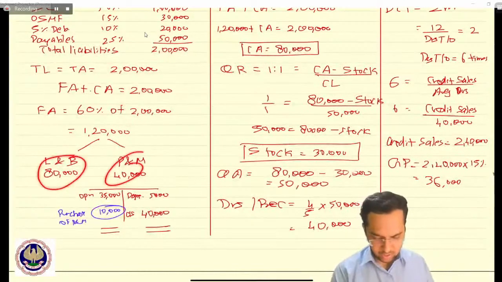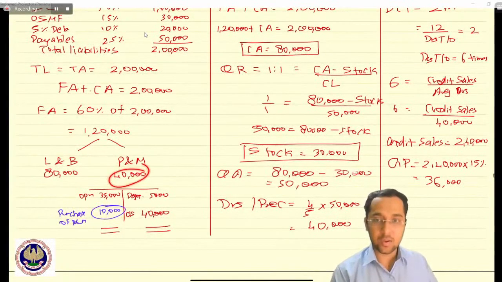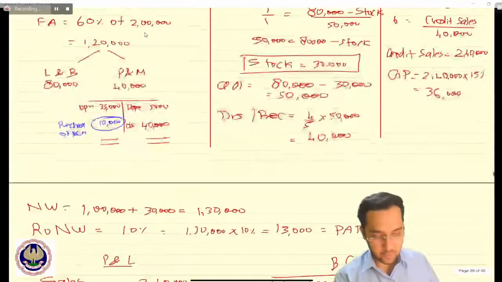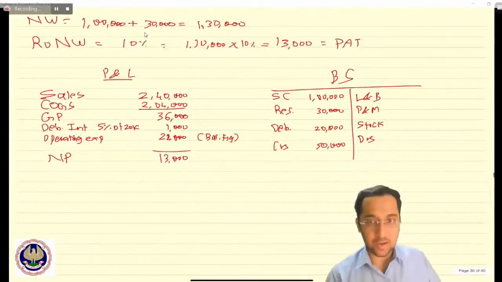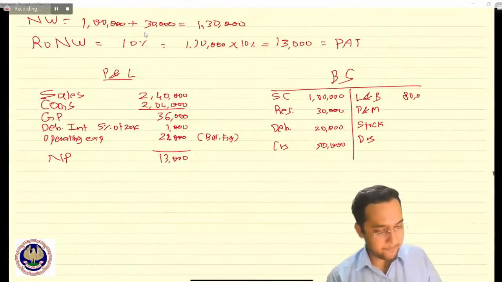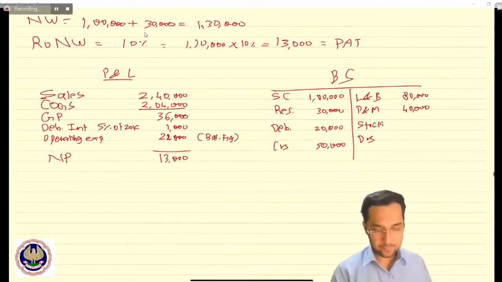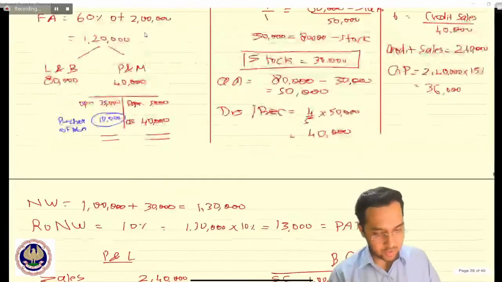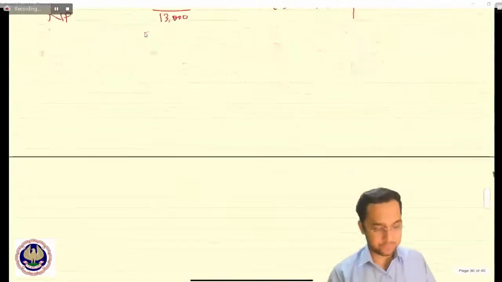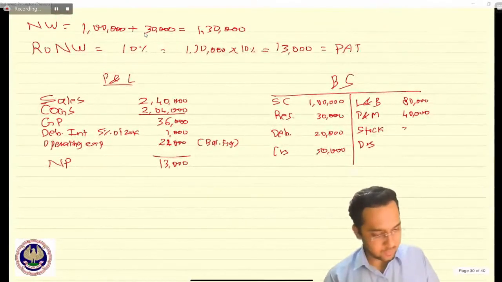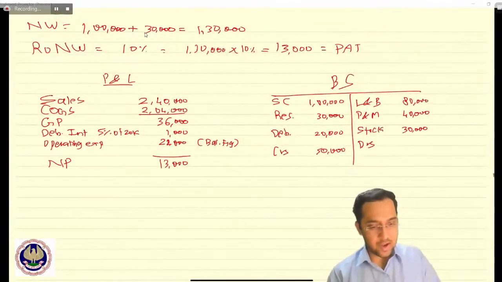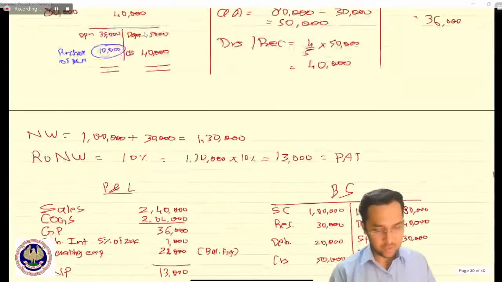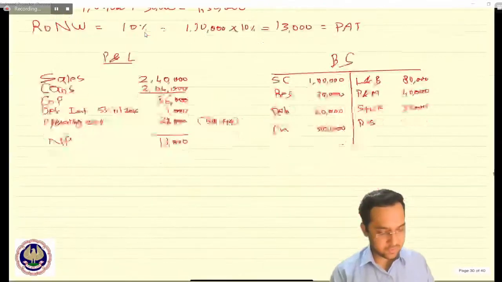Plant and machinery, we have valued it to be like 40,000. Amount of stock, we have already calculated the amount of stock to be 30,000. Debtors, also we know it is 40,000.